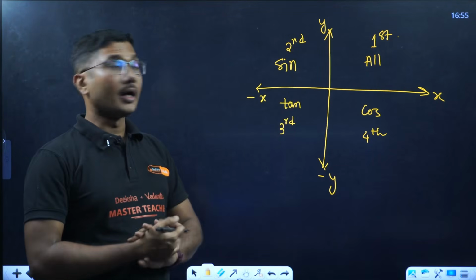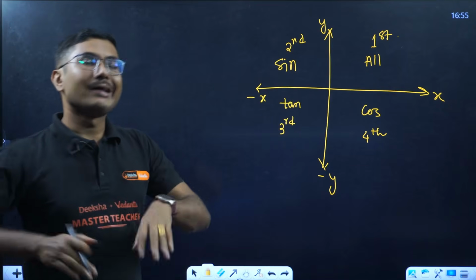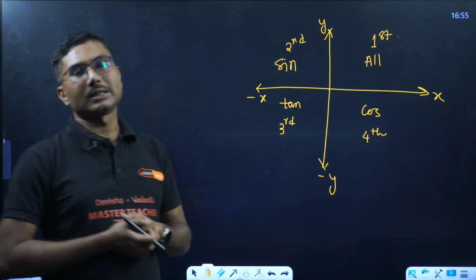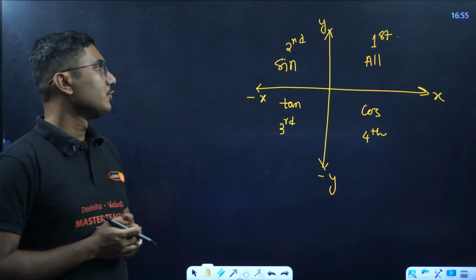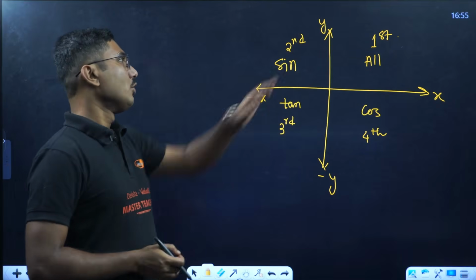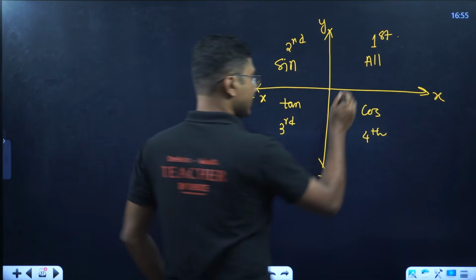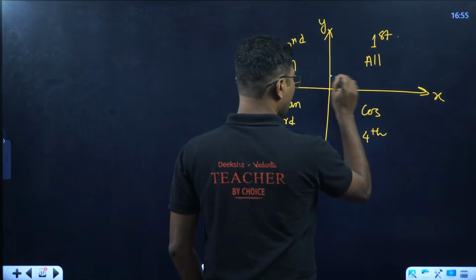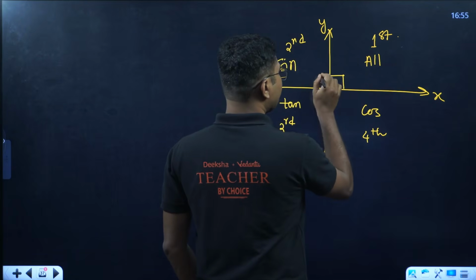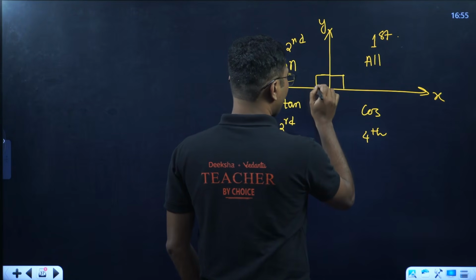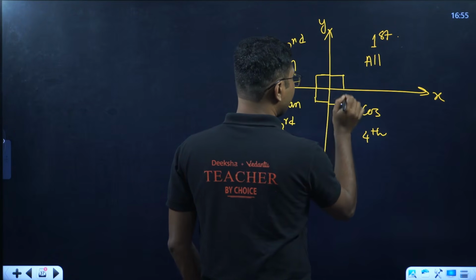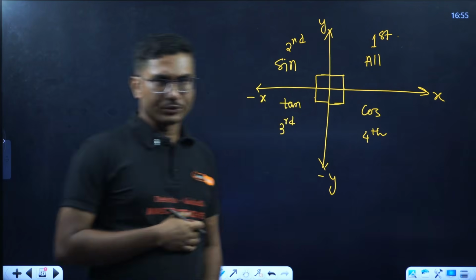But in every case, if the angle is more than 90, then it starts creating confusion. So any angle greater than 90: this is your 0 degree, up to this is 90 degrees, then 90 to 180, 180 to 270, 270 to 360. This is how the angle goes, right?